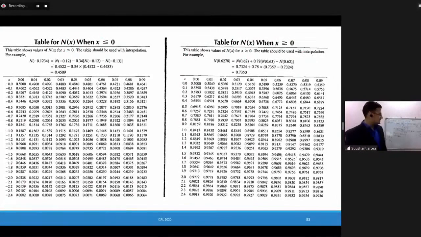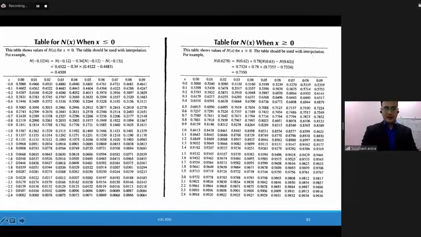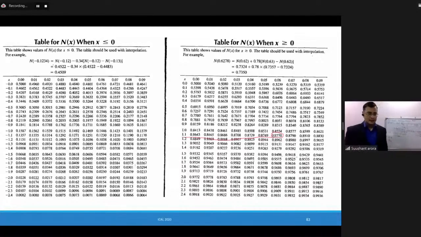So should we identify this value, 1.1006, and 0.78?